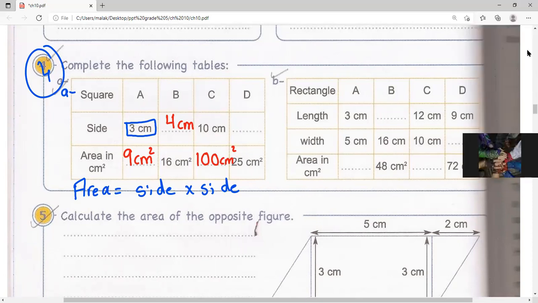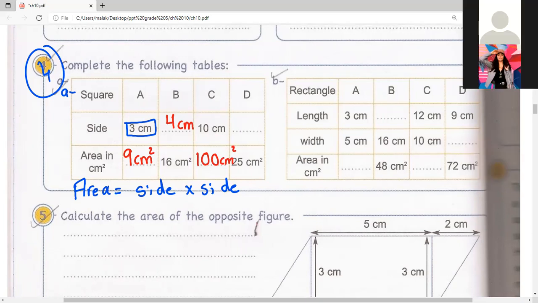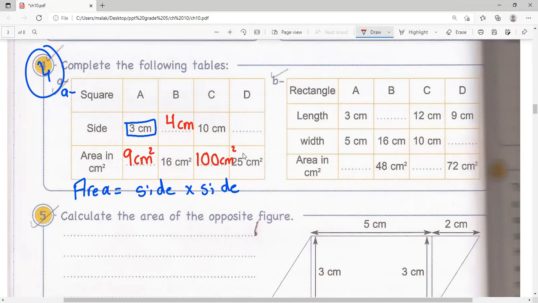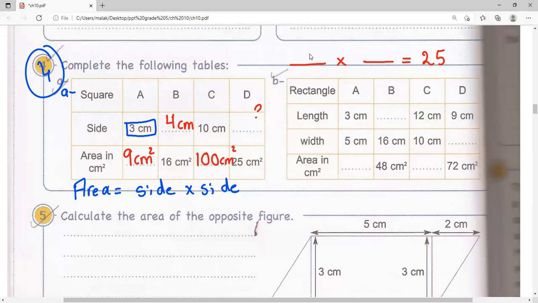Table B. The area is 25, how will we find the side? Side times side. Which two numbers multiplied give us 25? Give him time. 15 and 10?